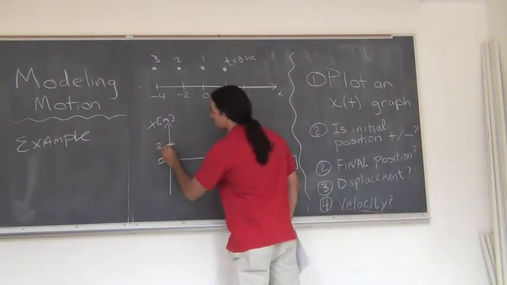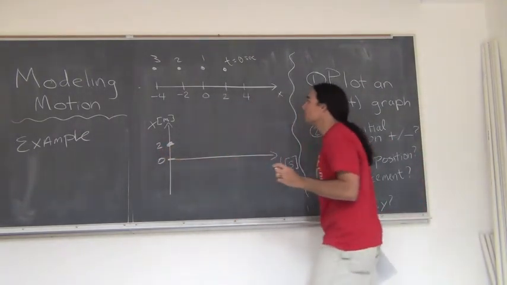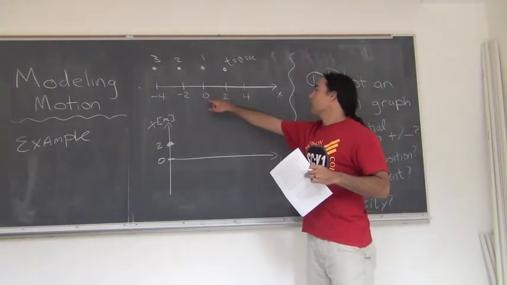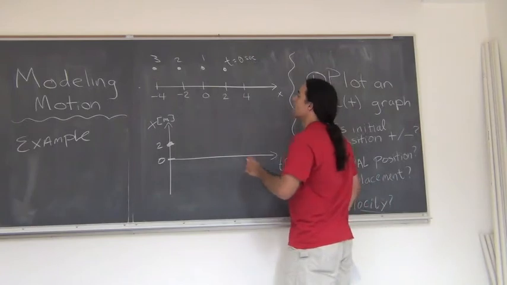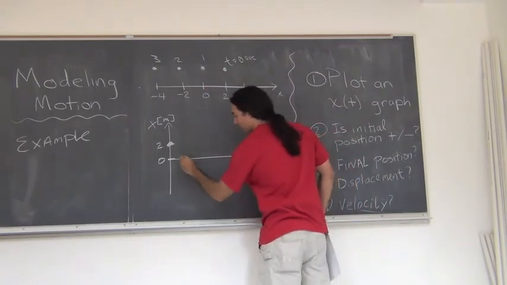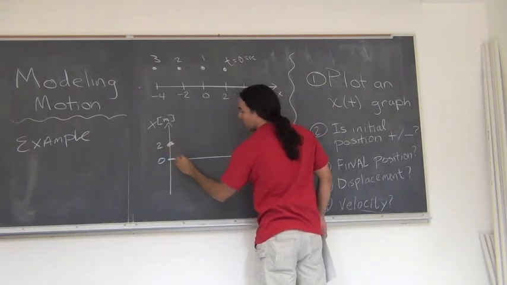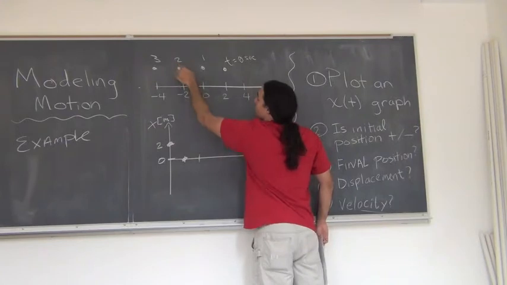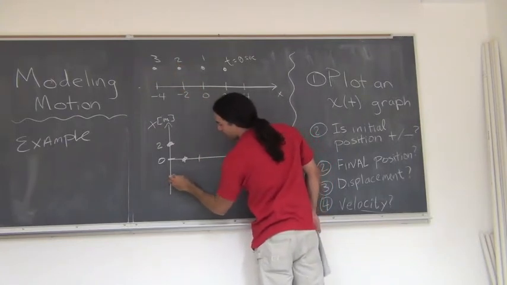Initially, I'm 2 meters from the origin. x is 0 meters at 1 second. So 1 second later, we'll say this is 1 second. At 1 second, I'm here. At 2 seconds, I'm at -2 meters, so that would be down here.